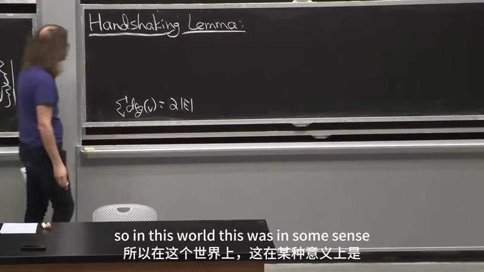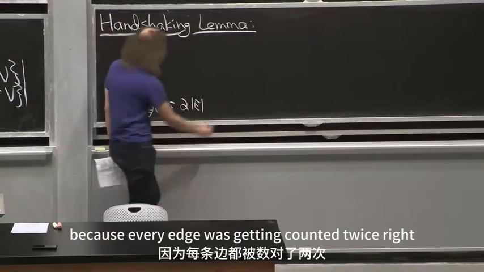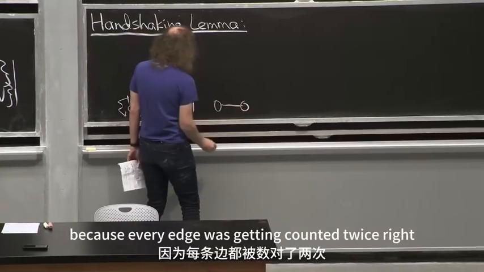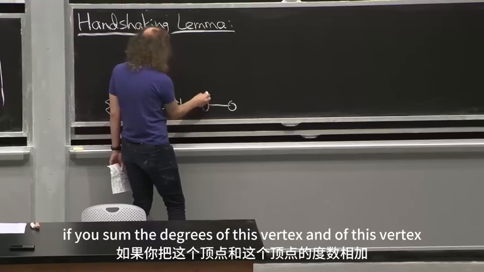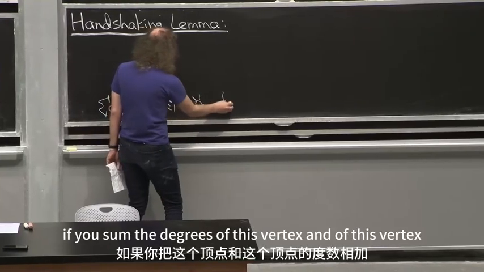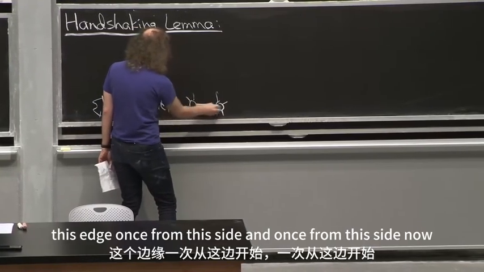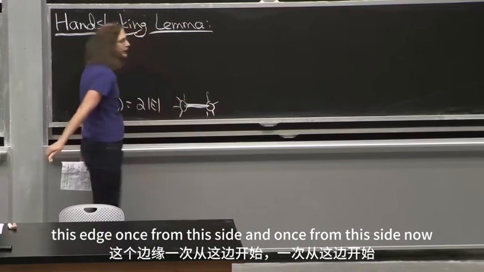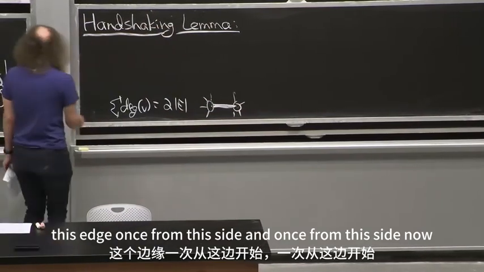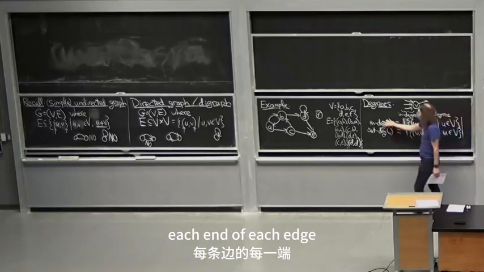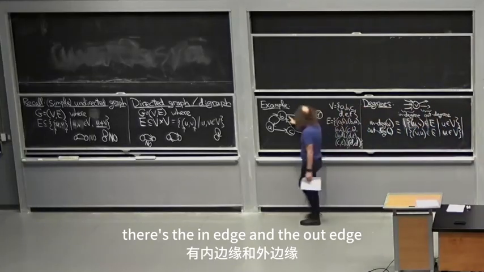In this world, this was in some sense because every edge was getting counted twice, right? If you sum the degrees of this vertex and of this vertex, you count this edge once from this side and once from this side. Now we have distinguished, in some sense, each end of each edge. There's the in edge and the out edge.